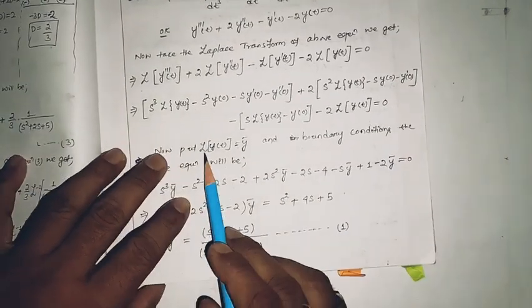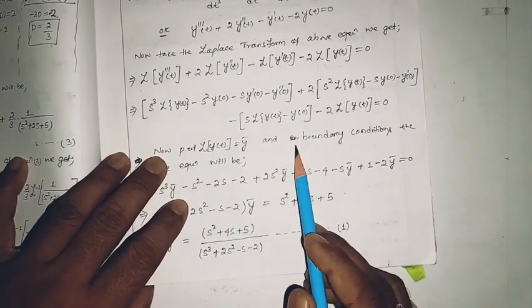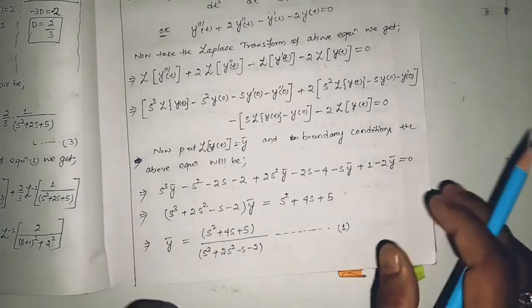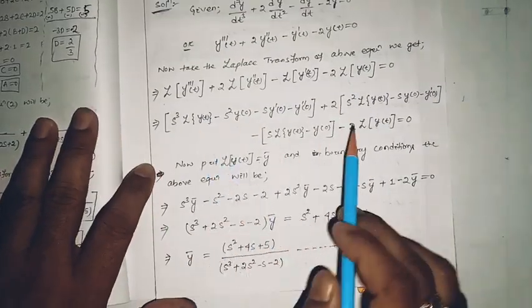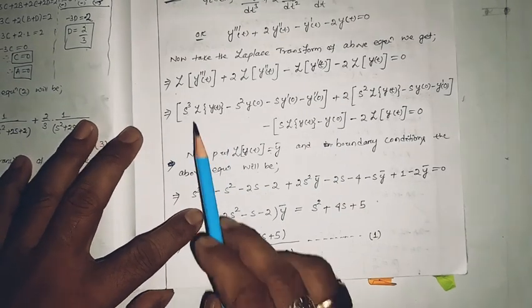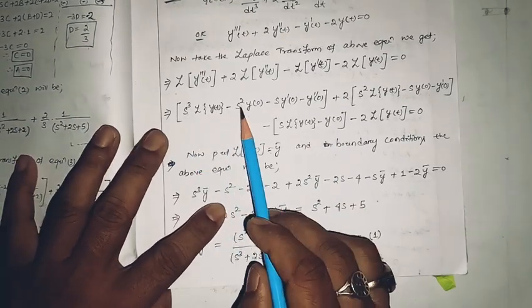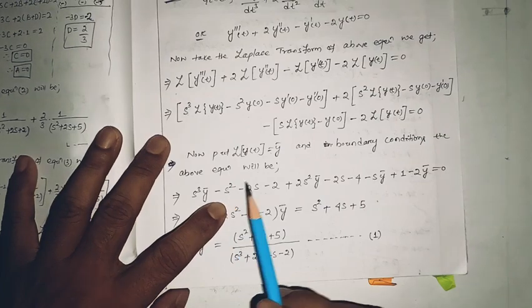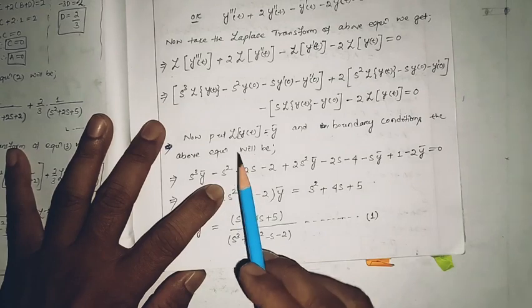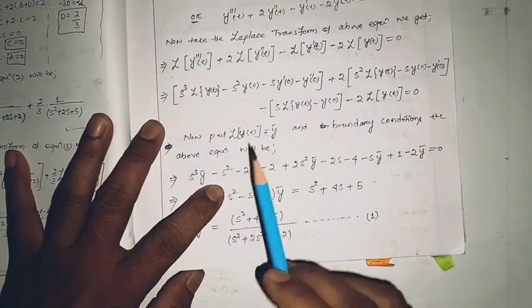Now we have to put the Laplace transform of y(t) equal to y bar, and we are also going to use the boundary conditions. The above equation will be, here you can see, s squared y bar minus s squared, because y(0) is given as 1, so it will be s squared.